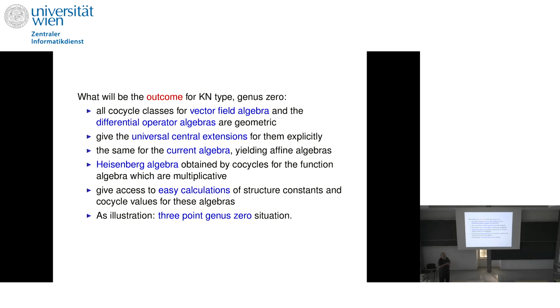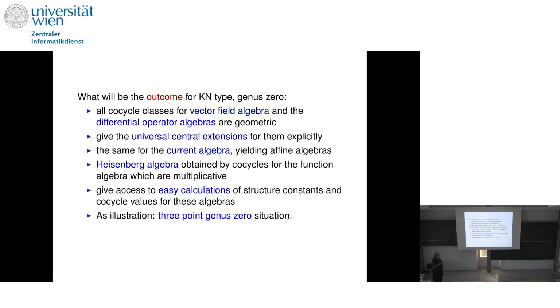I will introduce this mother algebra. And of course then the derived structures like affine type algebras, and so on. So this is the current algebra, which is down here. And the Heisenberg algebra is the central extension of the function algebra down here.